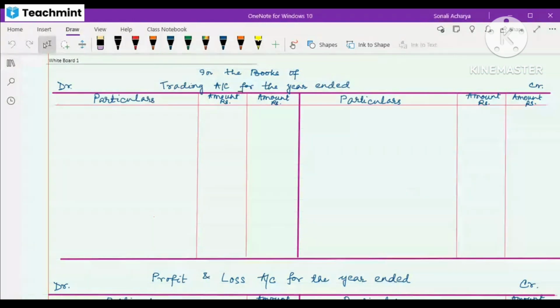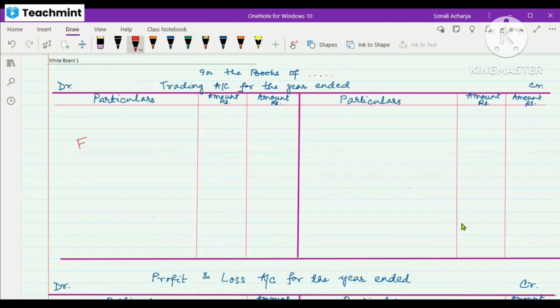Okay, now we can sum up that in the trading account from our last discussion. This is the format I showed in my last video. So you see, we will draw the trading account in the books of, we write the name of the person, all the expenses.